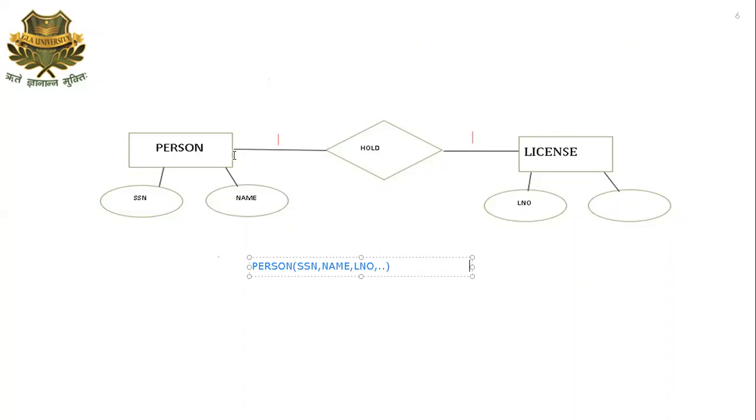So I hope all of you understand how we can represent entities, attributes, relationships, and weak entities as relations. If everything is given in the ER diagram, then that is how we convert the ER diagram into relations, right? So thank you.